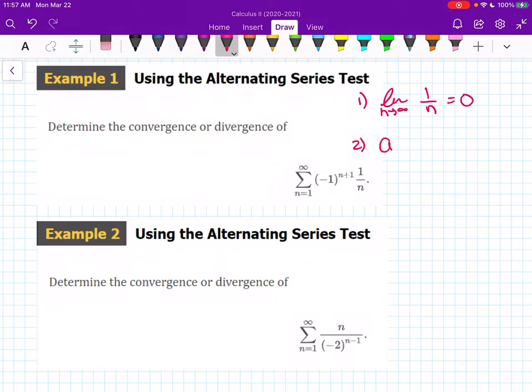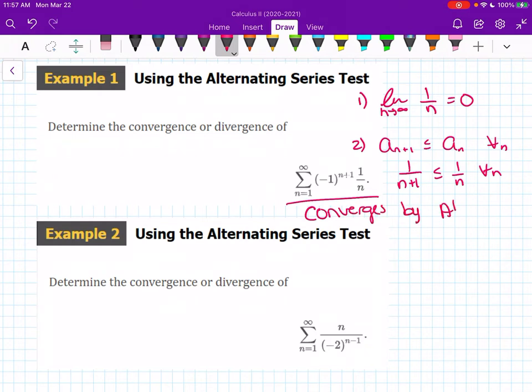The second condition is that a_(n+1) is less than or equal to a_n for all n. So that would be 1 over n plus 1 less than or equal to 1 over n, which is in fact true for all n. So then I would say that yes, this converges by the alternating series test.